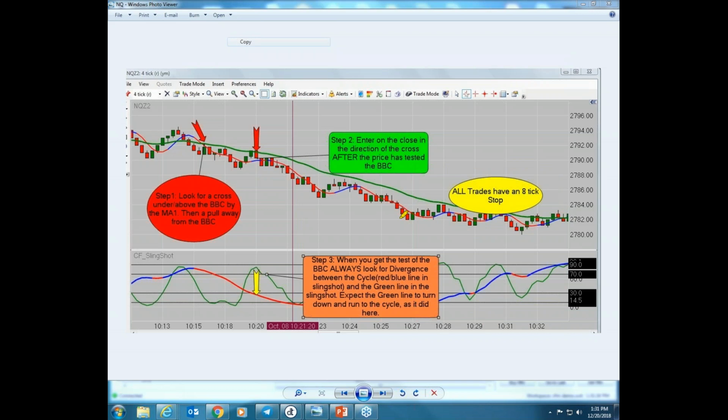So, in a nutshell, if you go down this path, you're not learning to pick the top here, and you're not learning to pick the bottom here, and you're not learning to trade it from point A to Z. You are learning to take a piece out of the middle. Along the way, as you get into the trades, you're going to move the stop, move the stop, move the stop, until the green line pulls away and eventually closes the gap, and you get out.